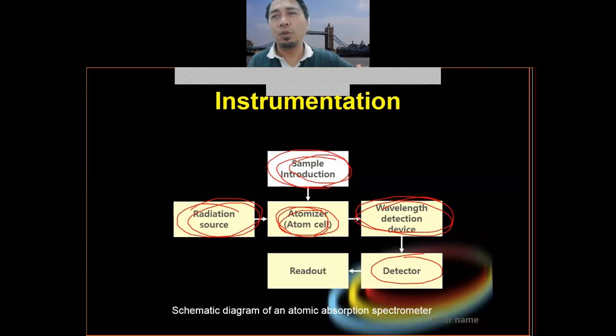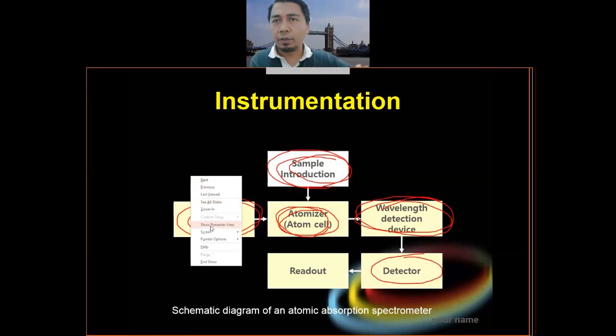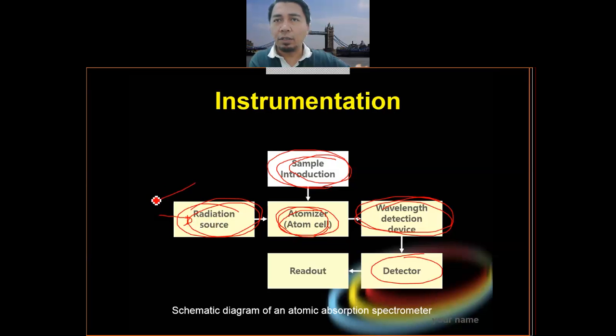We want to move on to the next topic or the next slide, the one that I've shown yesterday, the compartment or what's inside the machine itself. First, we will see the radiation source or the light source.